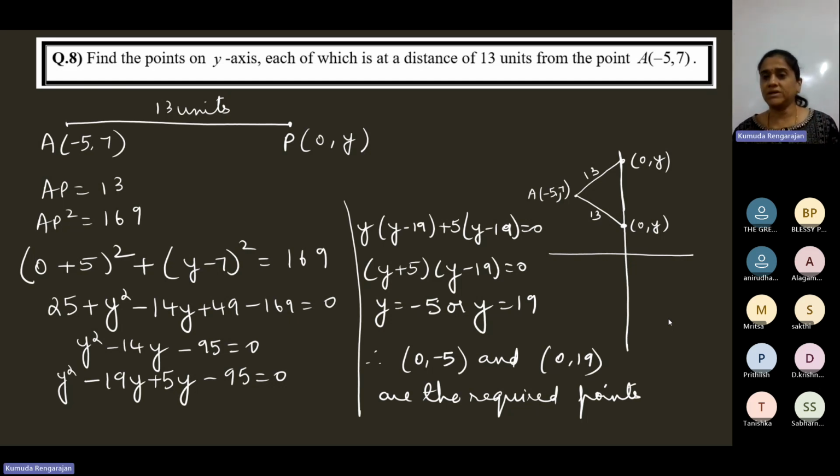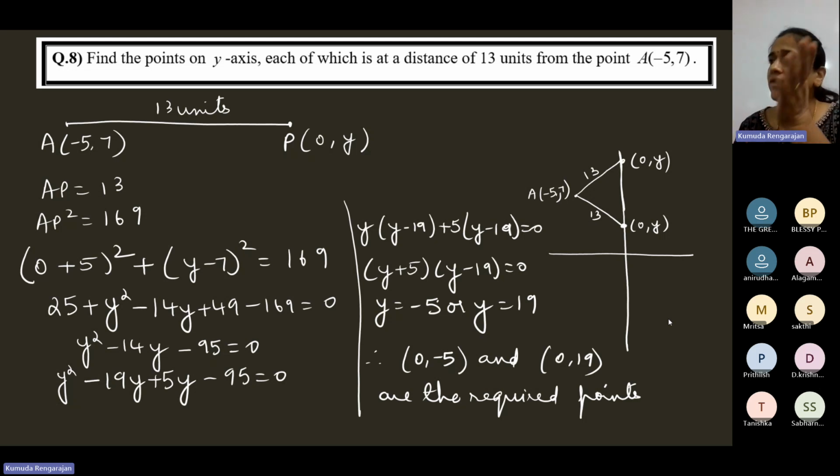Okay. So I repeat, we are given one point A in the Cartesian plane. We know the address of A. Now we have to find the address of the points lying on the y-axis. So how will the address of a point lying on the y-axis look like? 0, y.